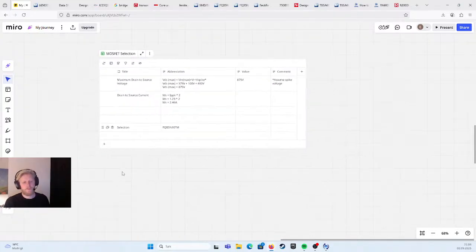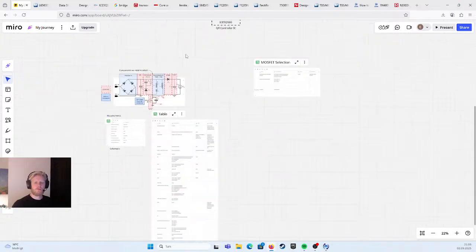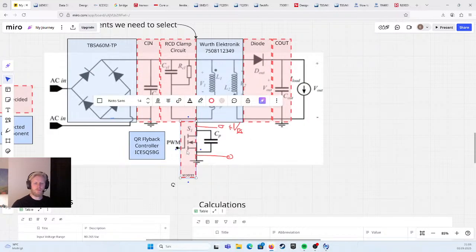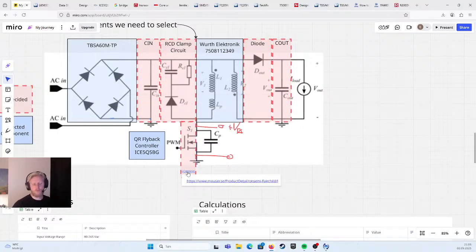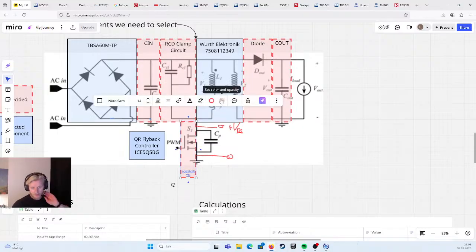Selection. I can put in the links too, I guess.